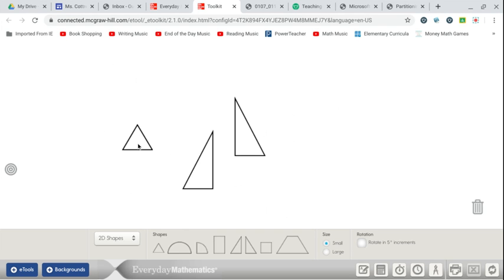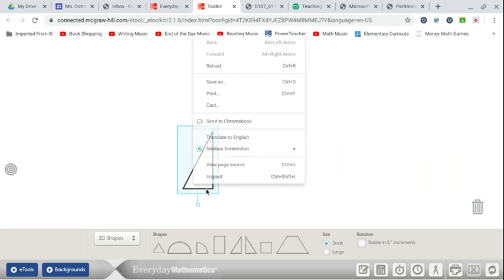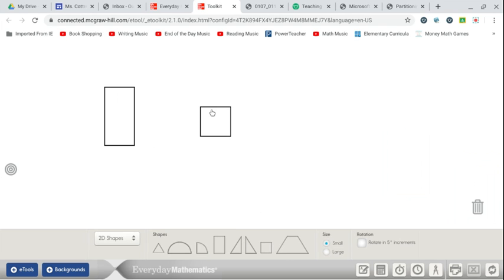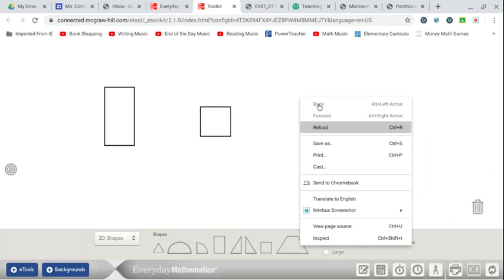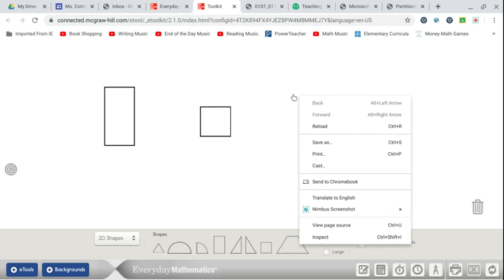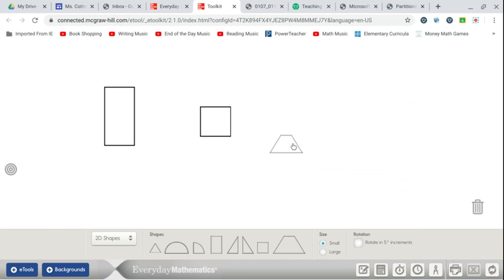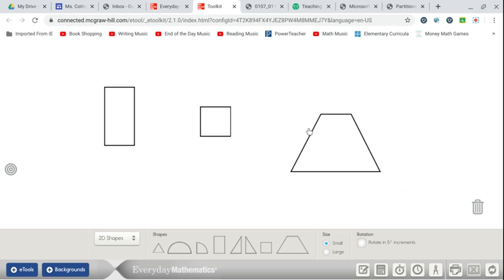Perfect. All right, so now our next one was to draw a shape that had 1 or 2 sets of parallel lines. So there's a couple options here. If you drew a rectangle, if you drew a square, if you drew a trapezoid, you would have drawn a shape that has 1 or 2 pairs of parallel lines.